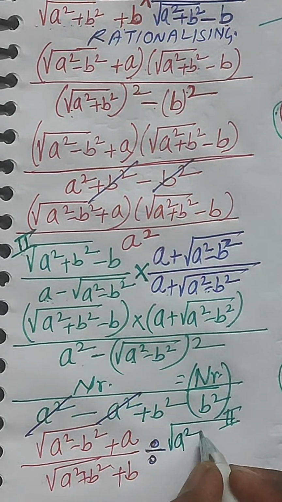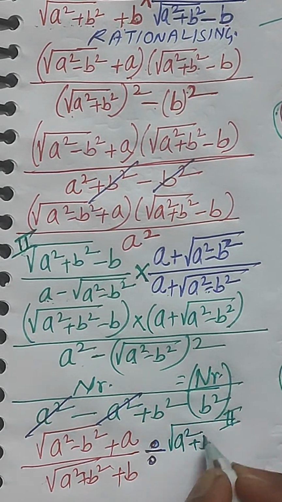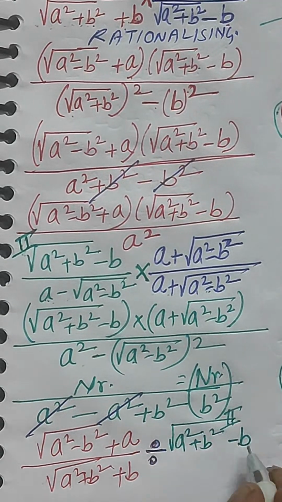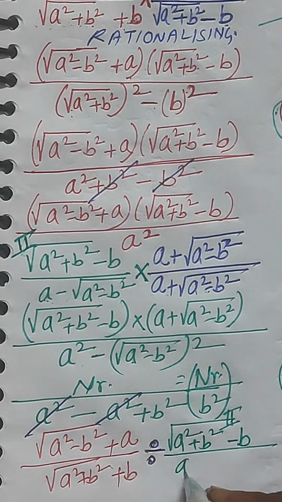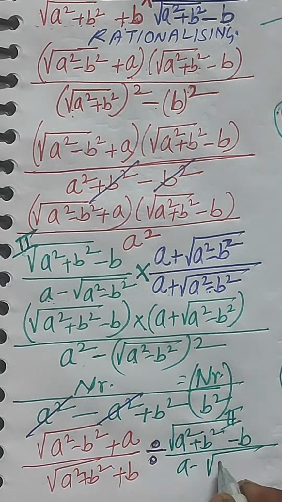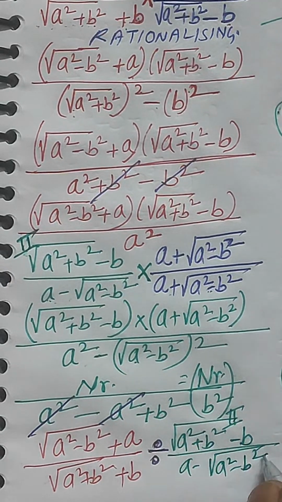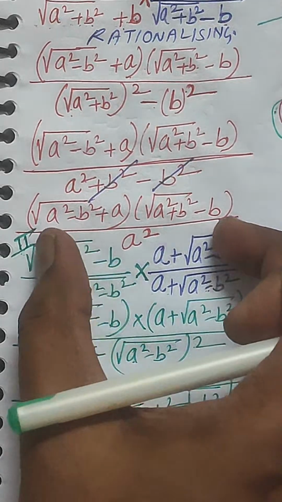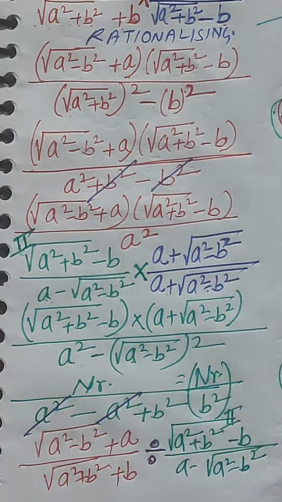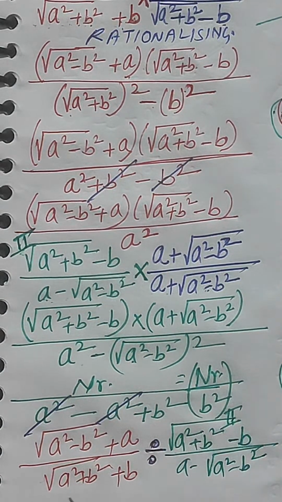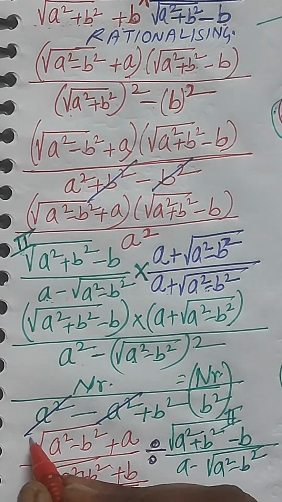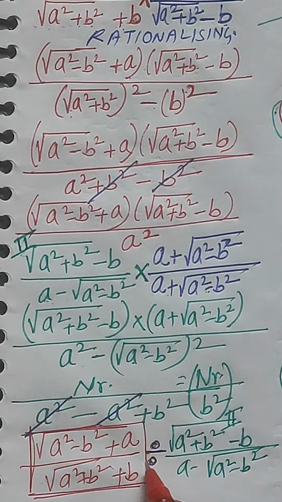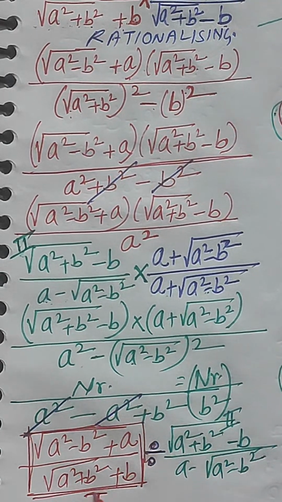divided by root over of a square plus b square minus b divided by a minus root over of a square minus b square. So here you can see the first term is already simplified as this one. So we'll write it as it is. So the first term, the first part, this one, this is the first part, right?